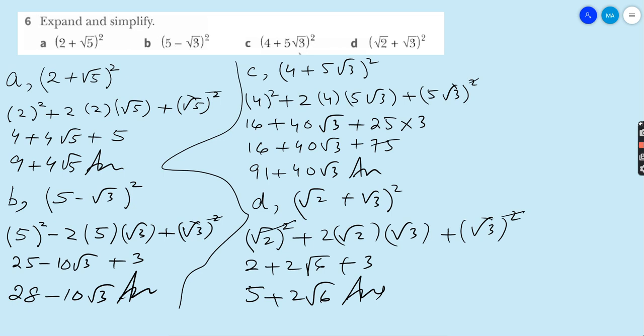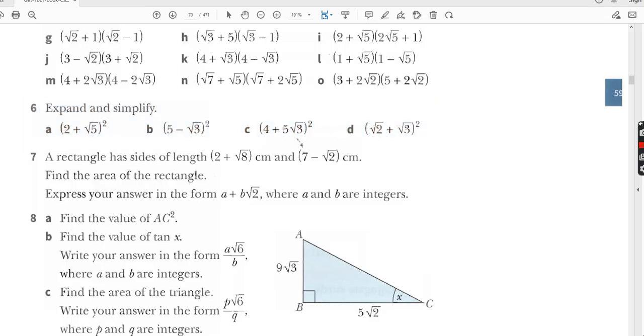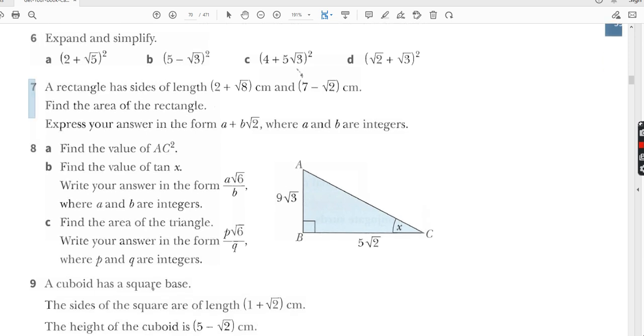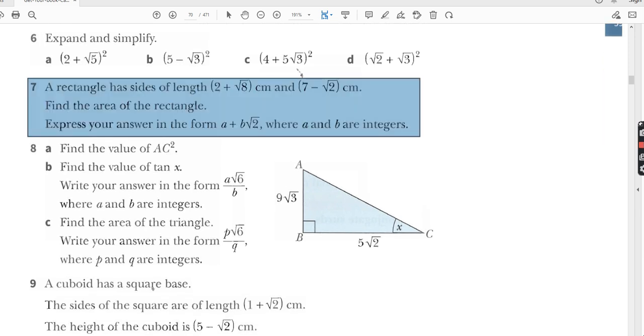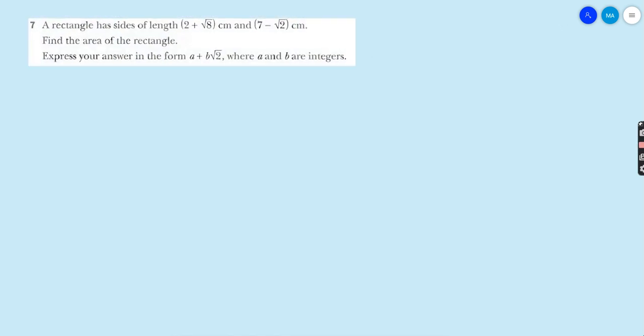Come to question number 7. Question number 7 is a word problem of surds. And students, you must know these are the important questions. These questions come in your exam.